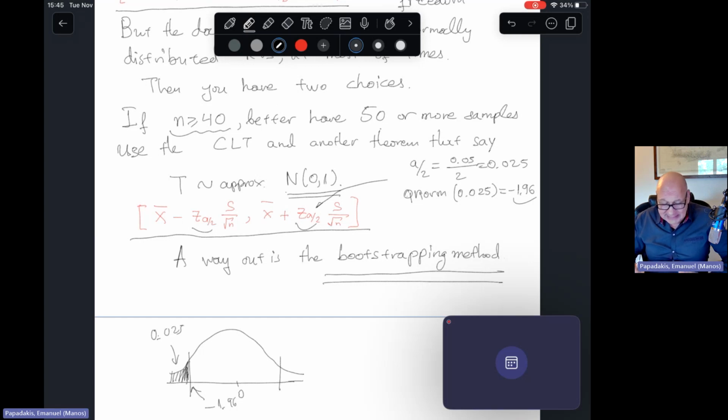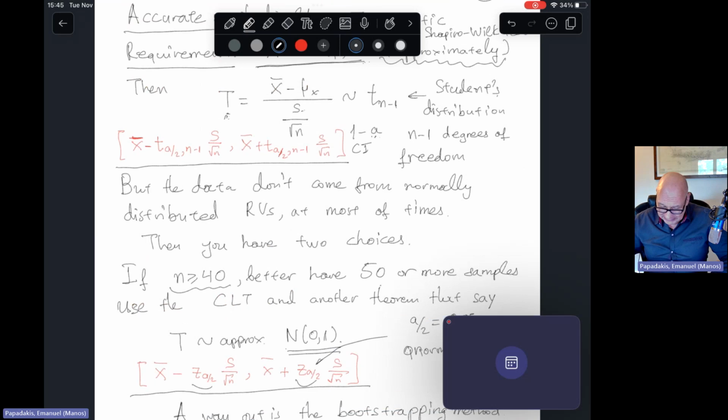One more thing, it doesn't matter if you do more than one method to calculate your confidence interval. Statistics is not calculus. So you better use all the available methods that are valid to use for the particular calculation.